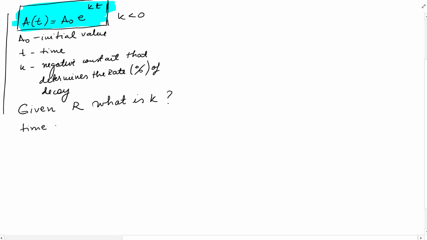At time 0, the initial time, the value is A0. After one period of time, it's the original value minus A0 times r, so we subtract r percent of A0. Now if we factor A0, we get A0 times 1 minus r.